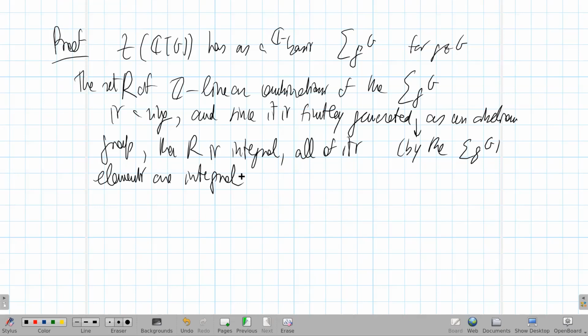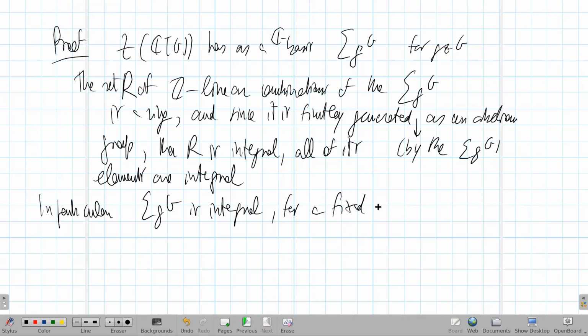In particular, this sum is integral for an arbitrary g in G. So if you take the sum of the elements of a certain conjugacy class, this will be an integral element, a root of a monic polynomial with integer coefficients.